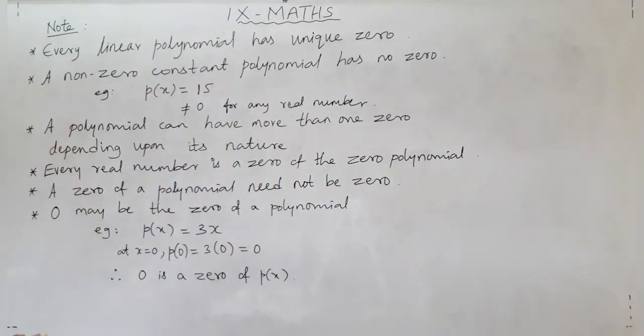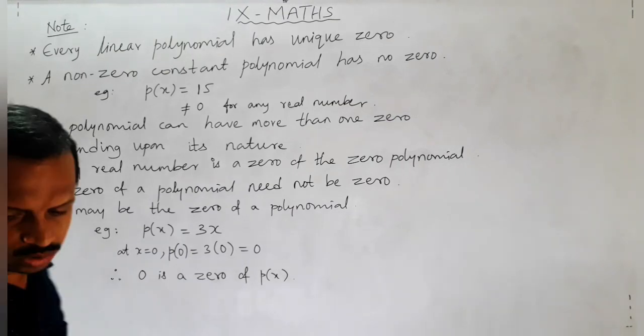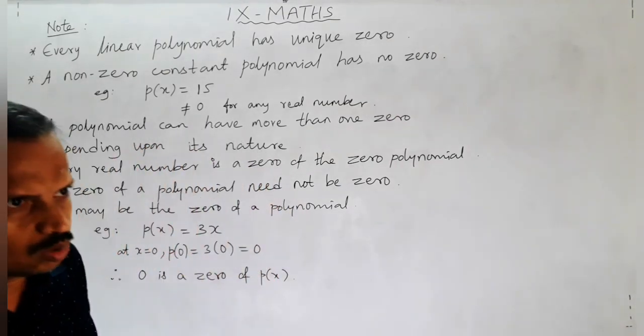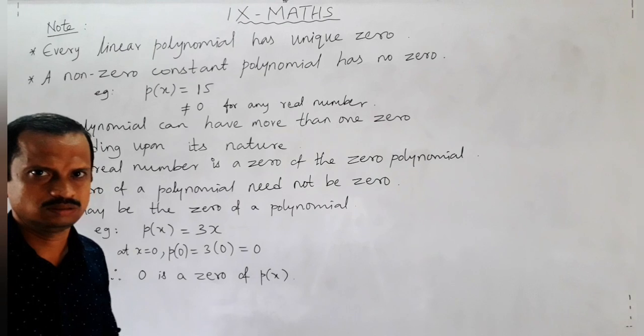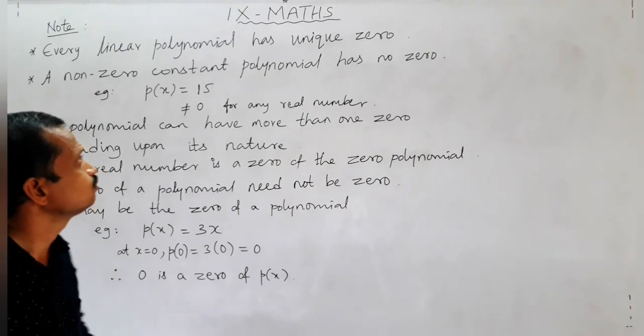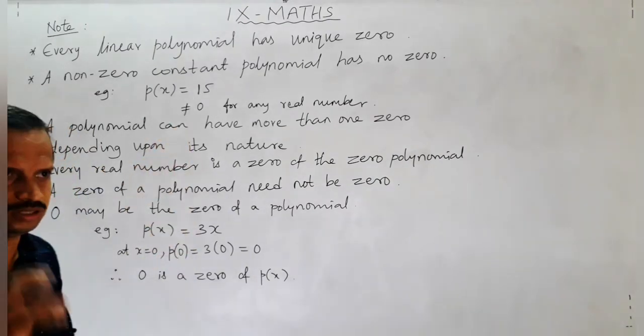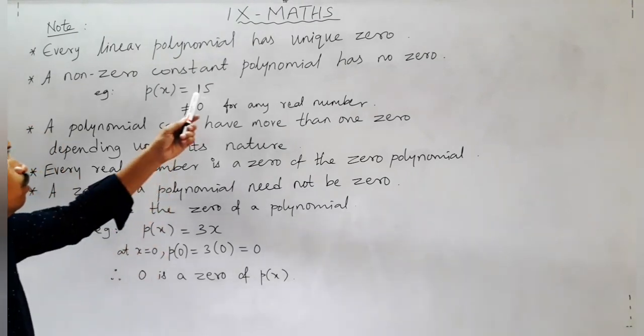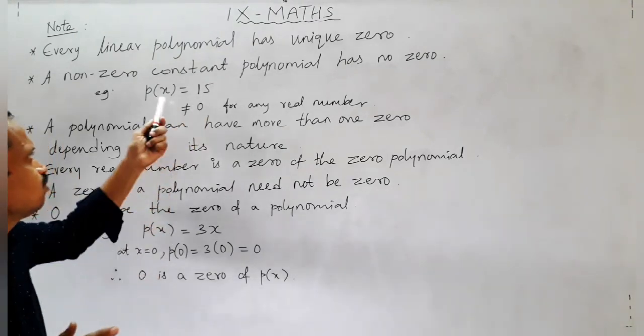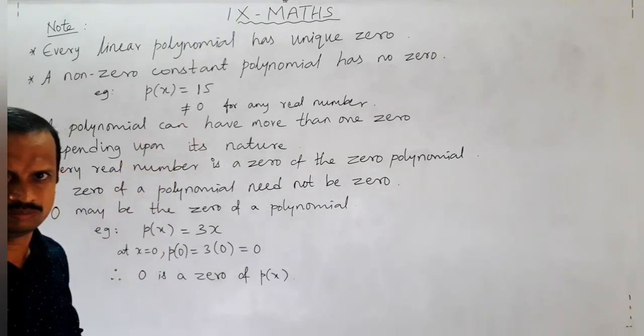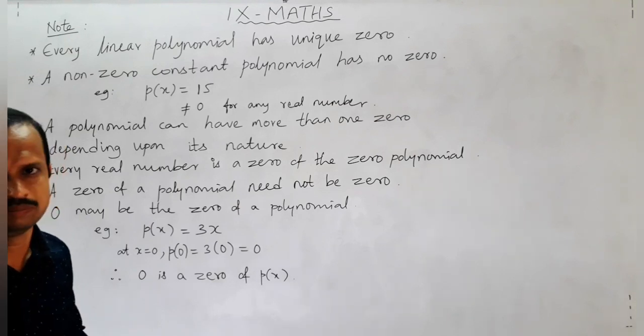Next, a non-zero constant polynomial has no zero. Non-zero means other than 0, so any constant number we can take. For example, if you take 15 as a constant, you cannot make p(x) zero by substituting any number. Clear?